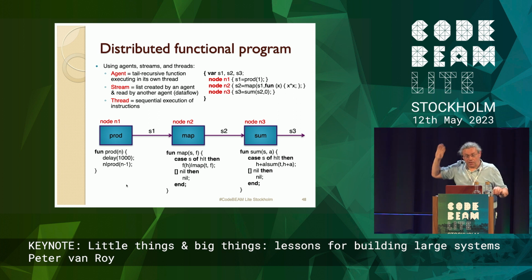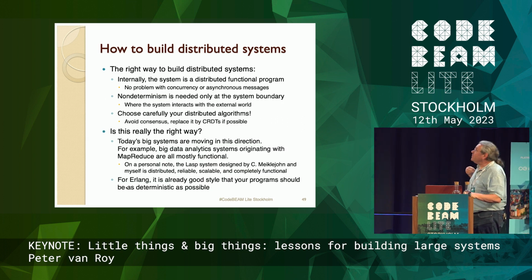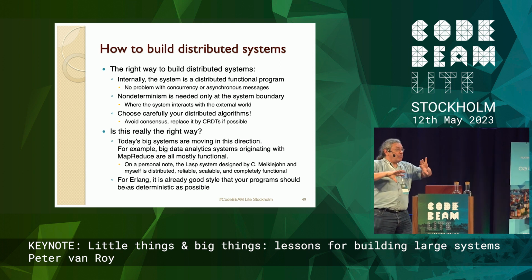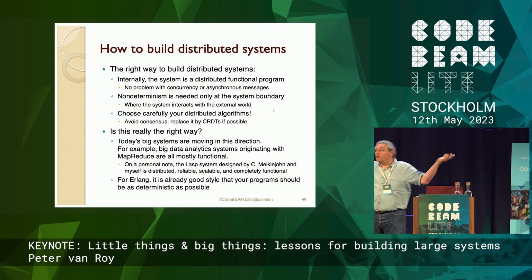Perfectly functional, okay? So the conclusion of this is my opinionated view on the right way to build systems, and this holds for both the permanent and the temporary overloaded systems, and it makes it much easier to write them. So internally it's distributed functional, which is not a problem. It's only a problem where you interact with the external world.